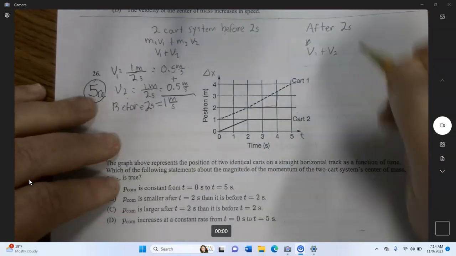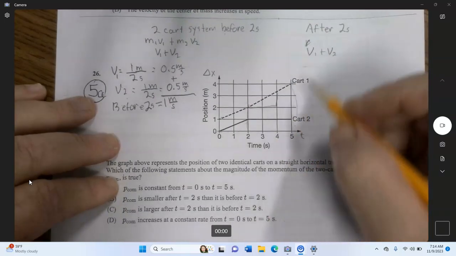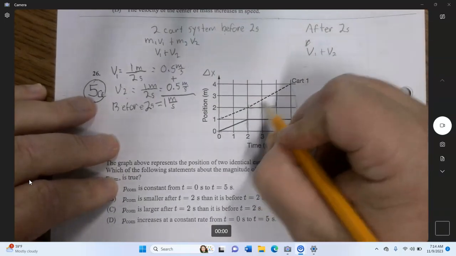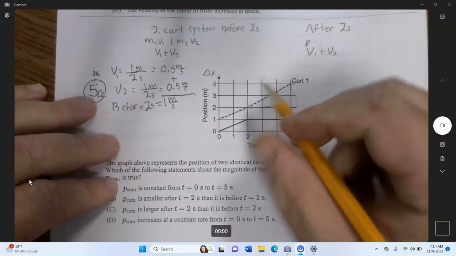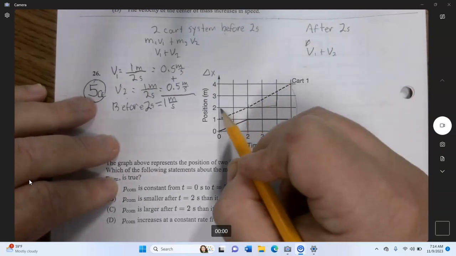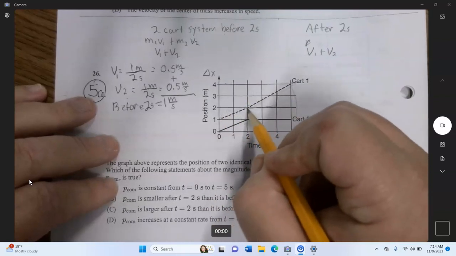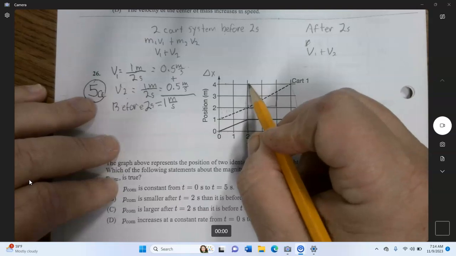All right, now after 2 seconds, so we're going from here on, cart 1 stays at ½ meter per second. It goes from 2 to 4.